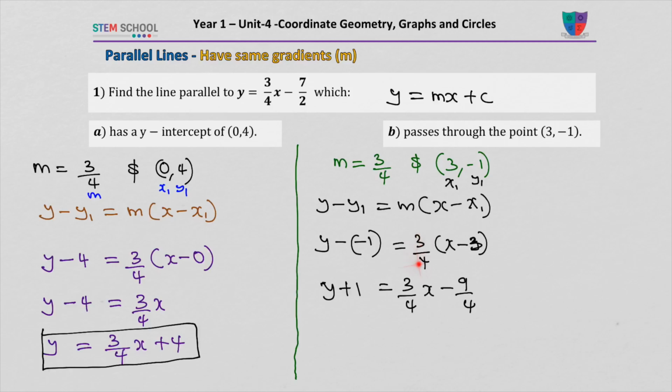This is because I'm multiplying 3 over 4 times x, so I get 3 over 4x. 3 over 4 times minus 3, that will become minus 3 times 3 is 9, so minus 9 over 4.